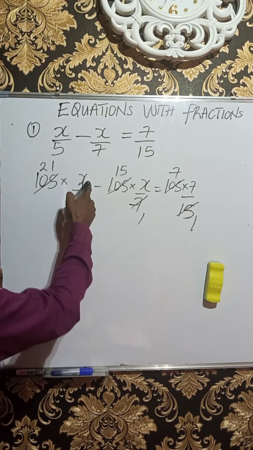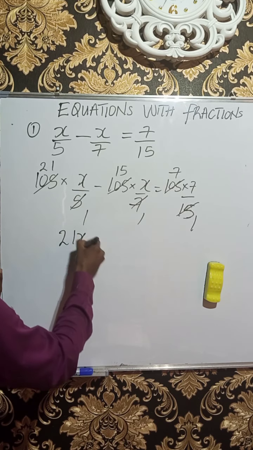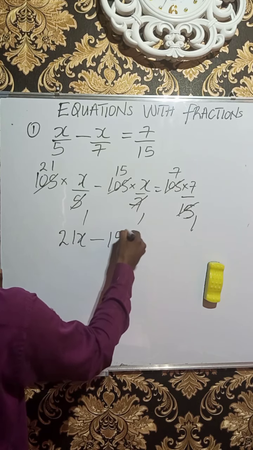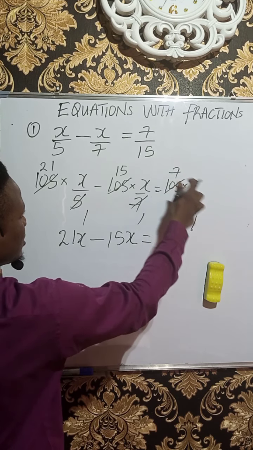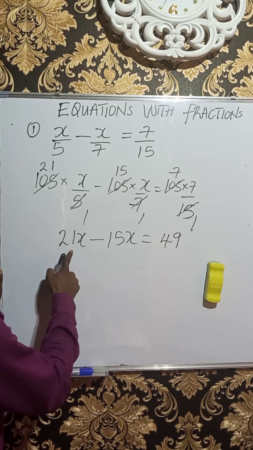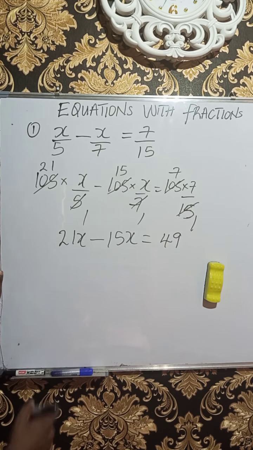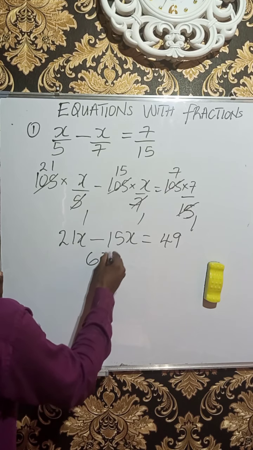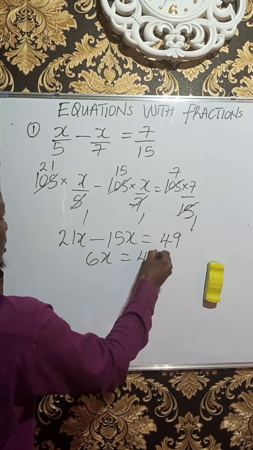So we have 21 times x, which is 21x, minus 15 times x, which is 15x, equals 7 times 7, which is 49. Now 21x minus 15x is equivalent to 6x equals 49.